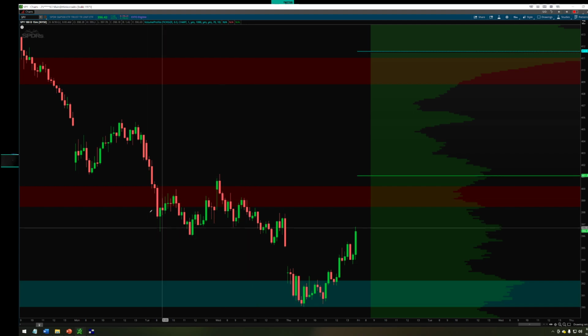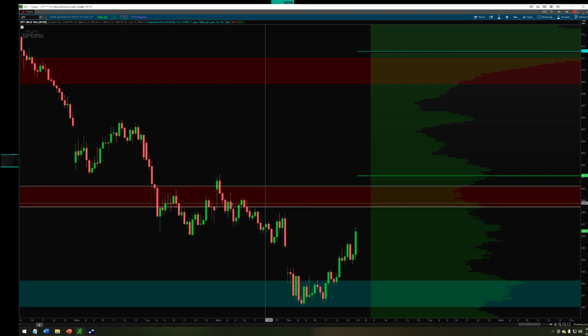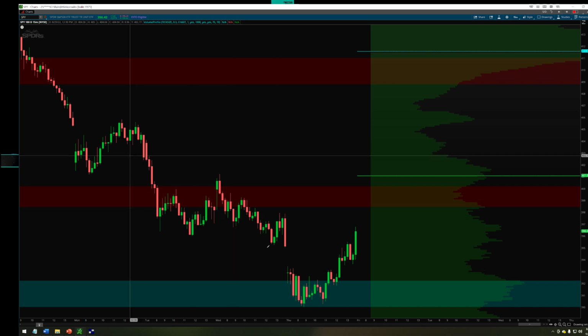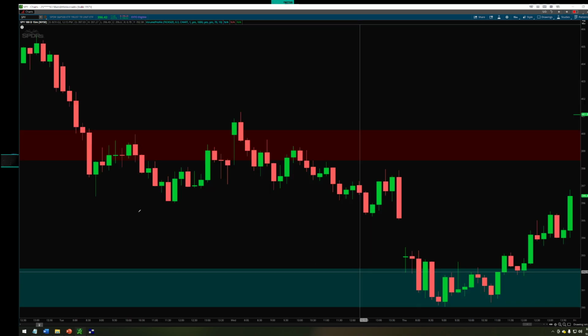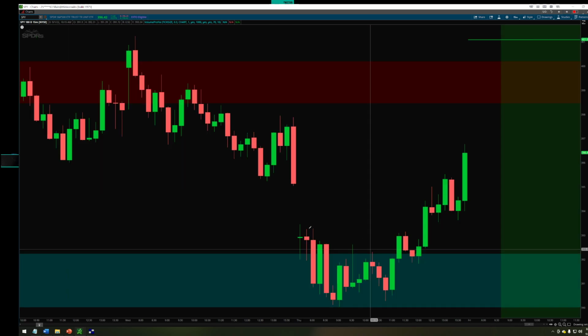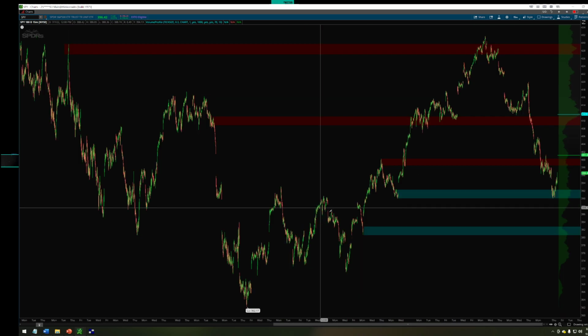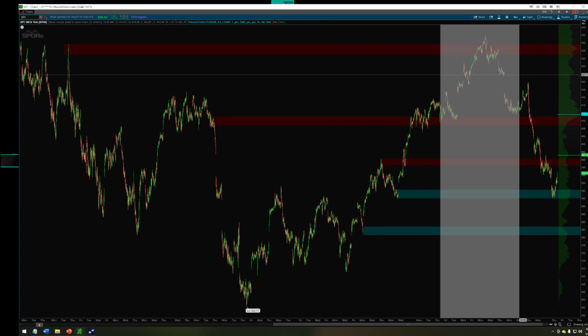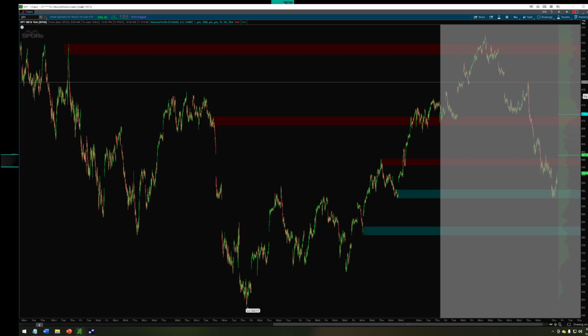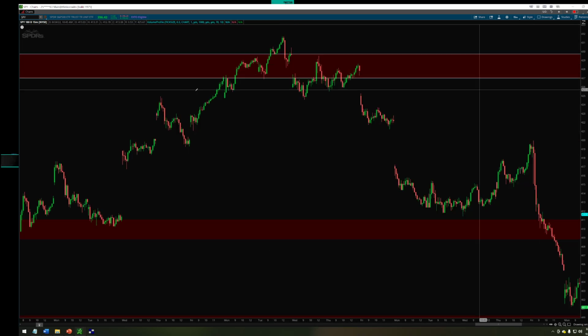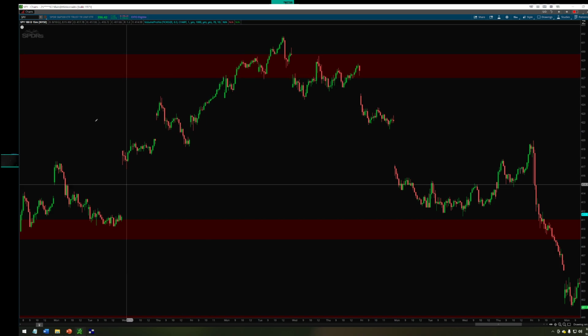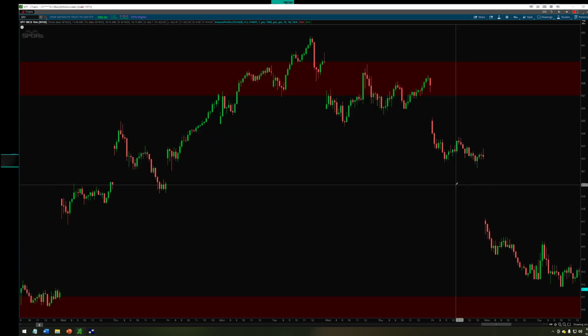So the idea is, once you have your supply area, in this case I want to see something that you can take from the upside, so you can appreciate it better. Obviously this is a big range, right?